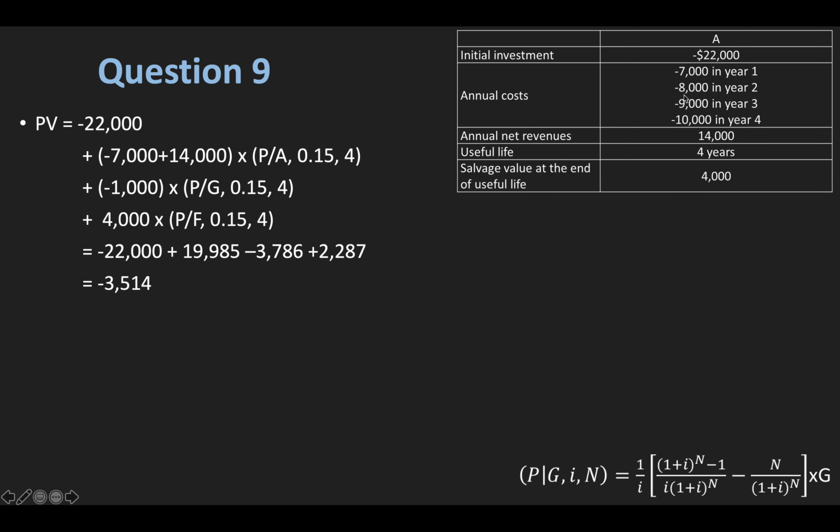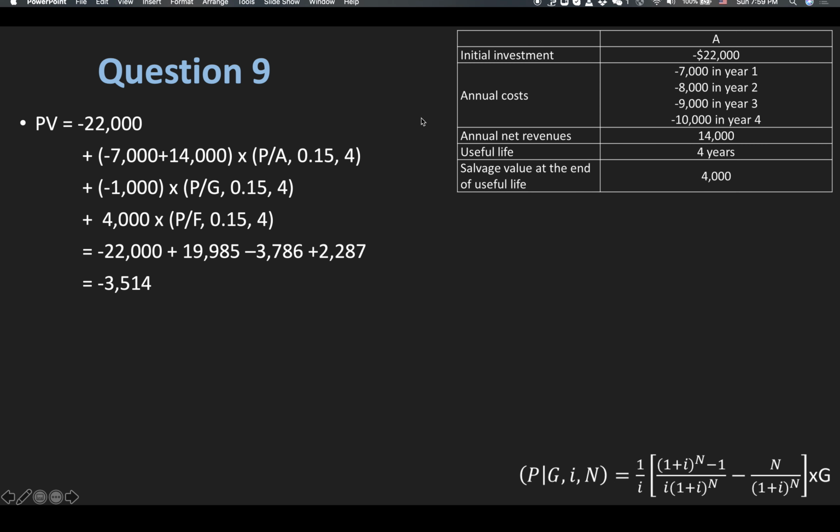Here's the problem: it does change by a constant, decreasing $1,000 per year, but on year 1 it's not 0. So to deal with this, we take a negative 7,000 annuity out of this gradient cash flow.